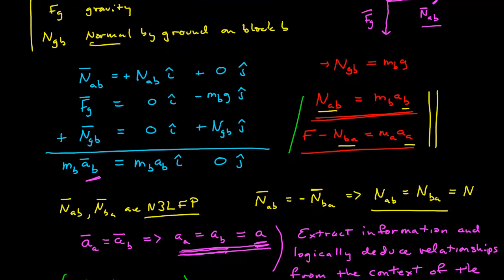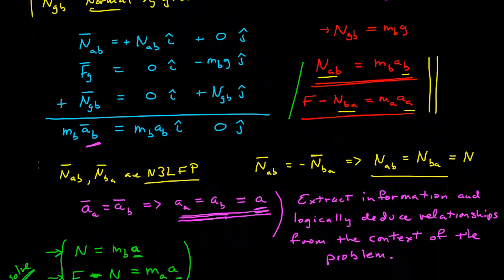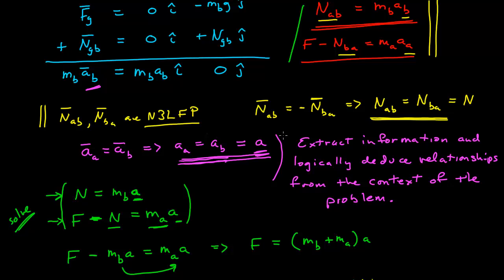Then we used Newton's third law to establish relationships between the forces on the 2 objects. It was here where we were able to establish a relationship between one of the forces on mass B and one of the forces on mass A, as well as using logic, the context of the problem, and our visualization and picture to extract more information that allowed us to establish relationships between the parameters of the problem.